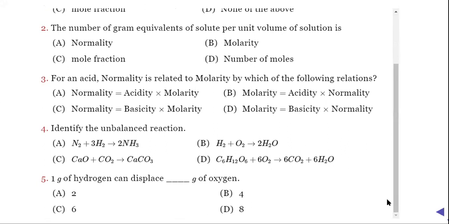Fourth one, identify the unbalanced reaction. Fourth one is pretty easy. Yes, very good, B.